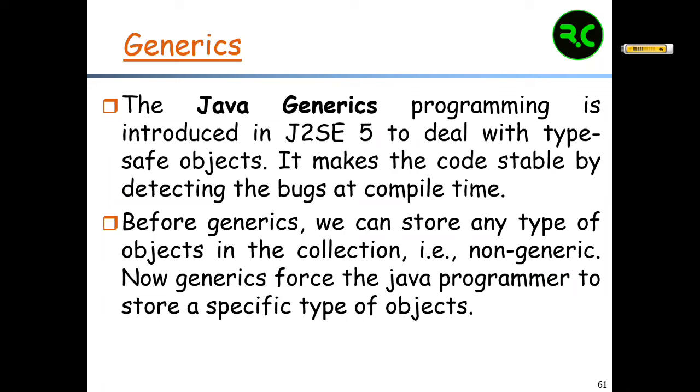The type-safe objects are nothing but, for example, I'm going to have marks. Then the marks, I can say, are perfectly of integer data type. But when out of 20 you got 11, 13, 15, and so on, then I want to make them float because I don't want to lose the precision.